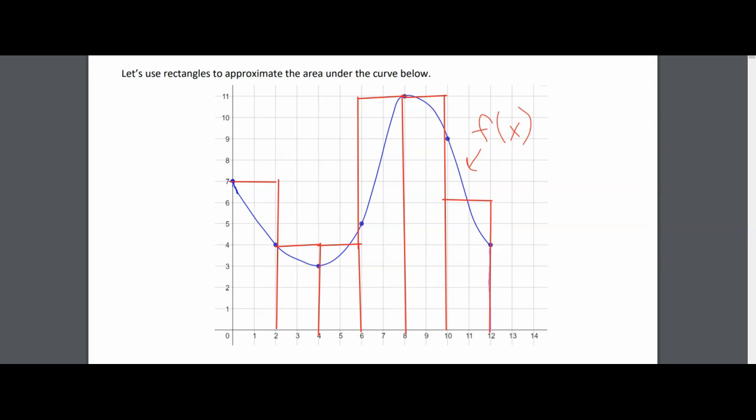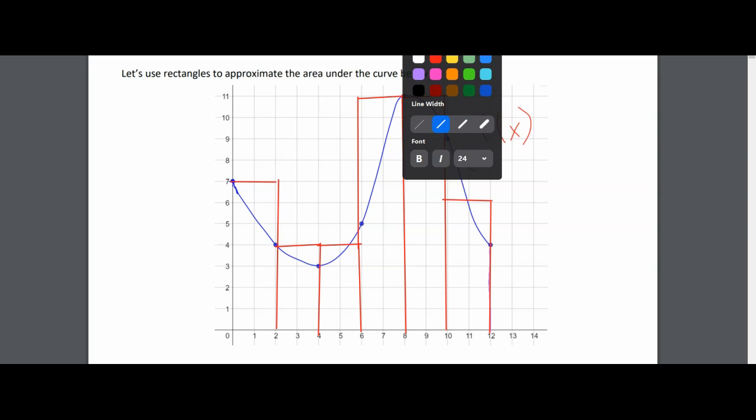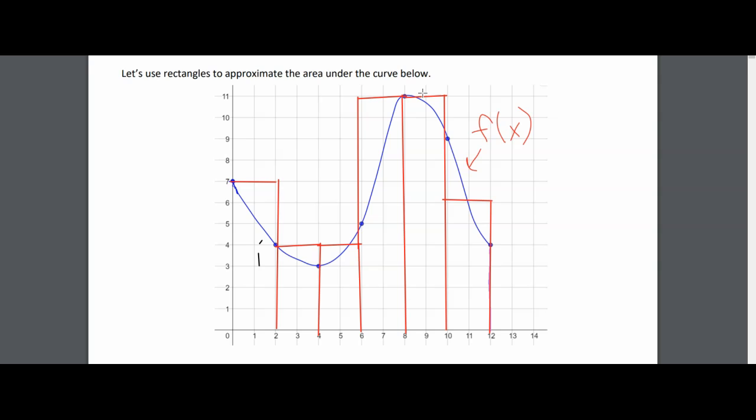Okay. So if I could find the area of all of those rectangles, then it would be an estimate of the area underneath the blue curve. So let's go ahead and do that. Let's call this rectangle 1, 2, 3, 4, 5.